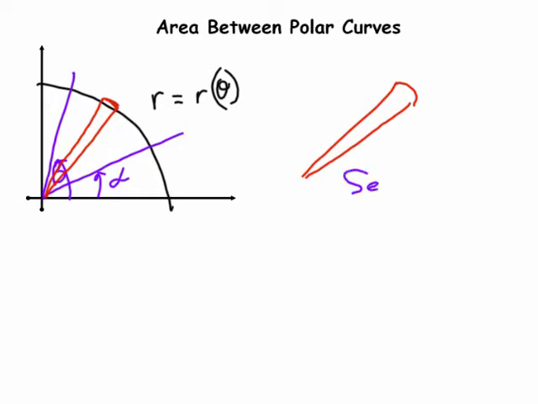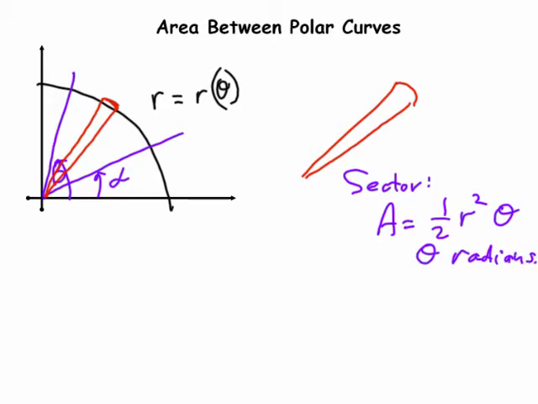You need to recall that some time ago we talked about finding the area of a sector, and you can get it by the formula 1/2 radius squared theta, where theta is in radians. In terms of this kth sector, our radius would be r as a function of theta, and our angle is the change in this angle, which we can represent as change in theta.